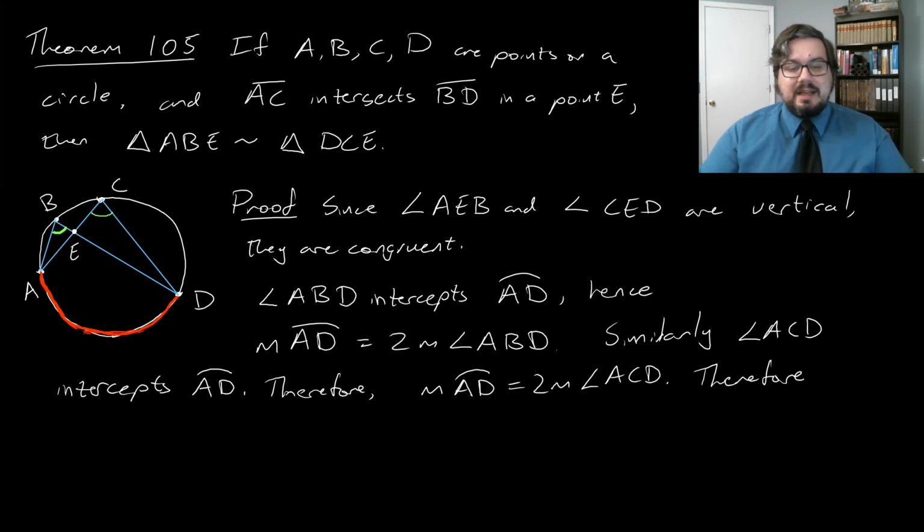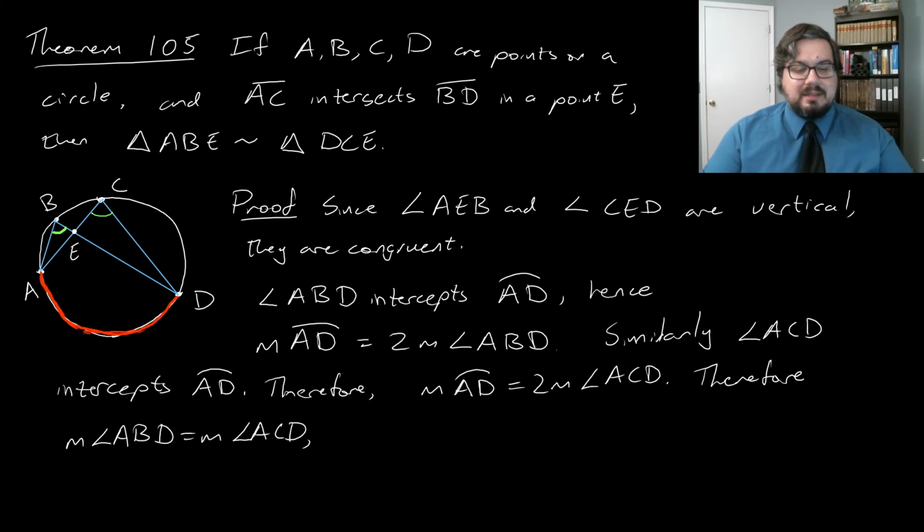But that means that because both of these expressions are equal to the measure of the arc AD, they're equal to the same thing, and therefore the measure of angle ABD is equal to the measure of angle ACD. So in particular, this means that the angle ABD is congruent to the angle ACD.